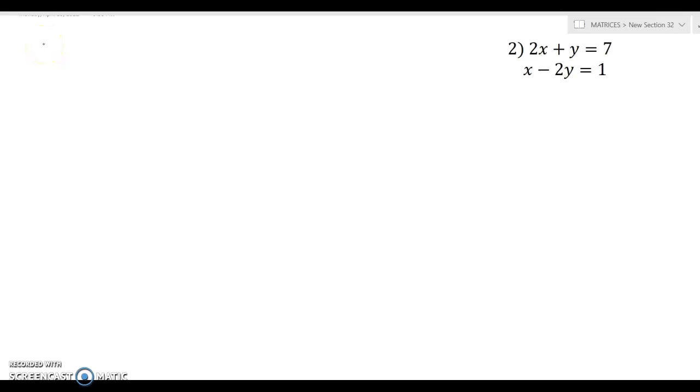So we have our next pair of simultaneous equations we're going to solve using the matrix method. Let's pull out our matrix from the 2 equations. So 2, and then before the y it's 1. That's for our first equation. And our second equation, we have 1 before the x and then minus 2 before the y. That's multiplied by xy, and that is equal to 7, 1.